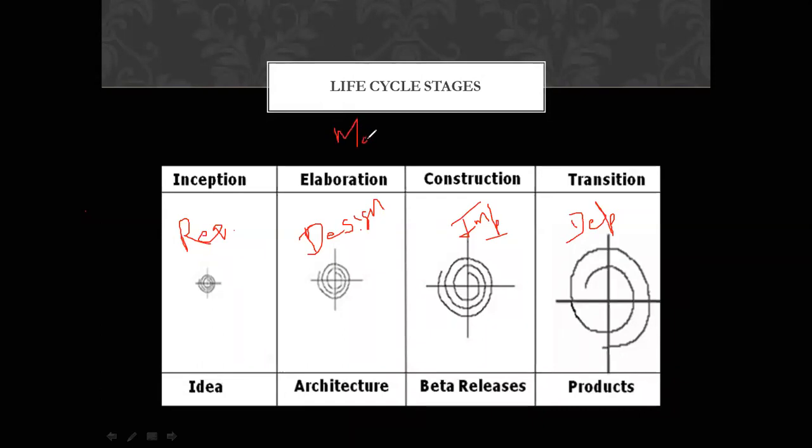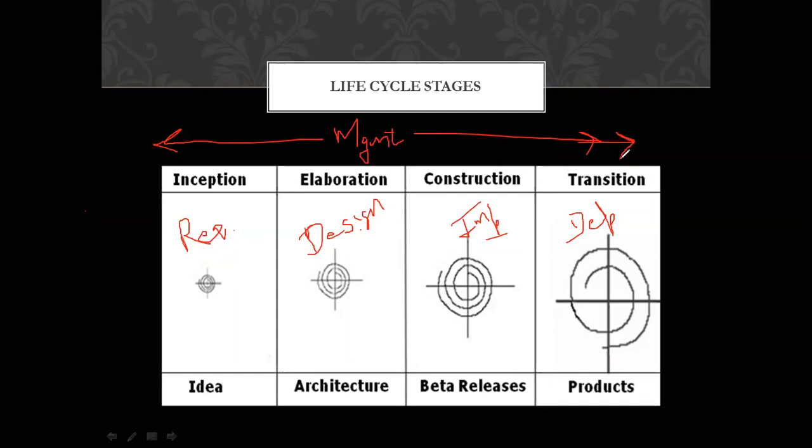The management set artifacts that we have seen, there are nine artifacts. Those all nine artifacts are being utilized in all four phases. So all five sets of artifacts are being utilized in this way for life cycle stages or life cycle phases.